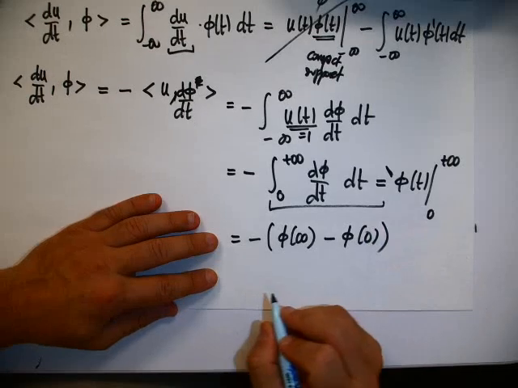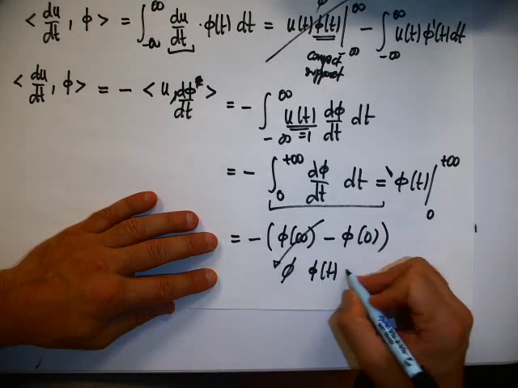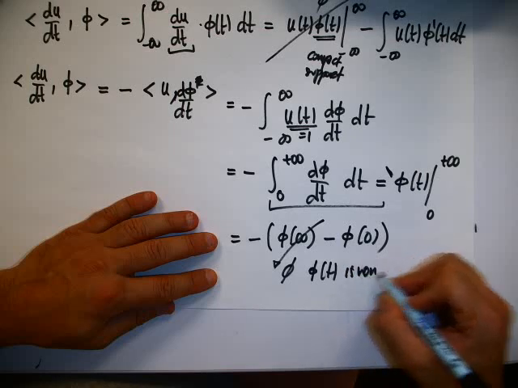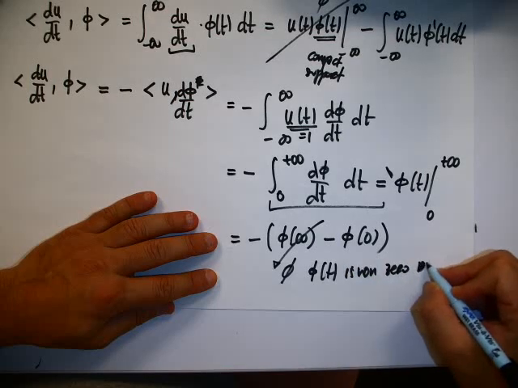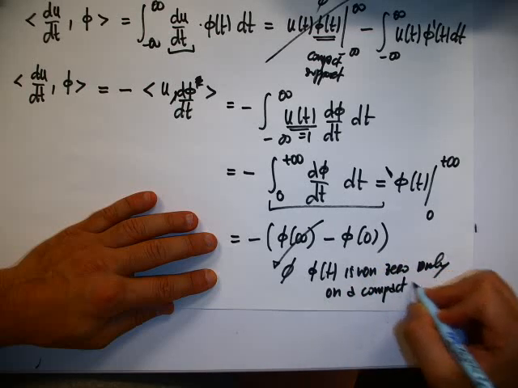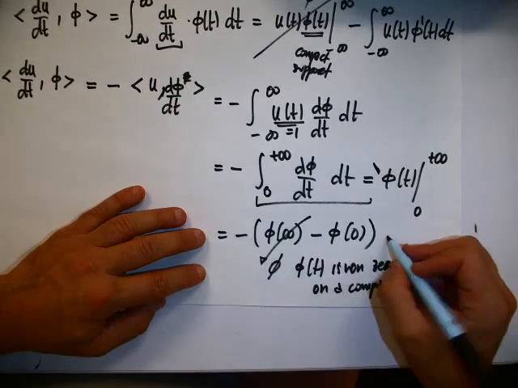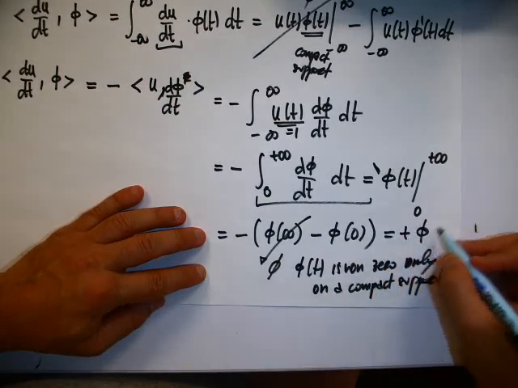And now phi at infinity is 0 because phi(t) is non-zero only on a compact support. And at the end we end up with plus phi of 0.